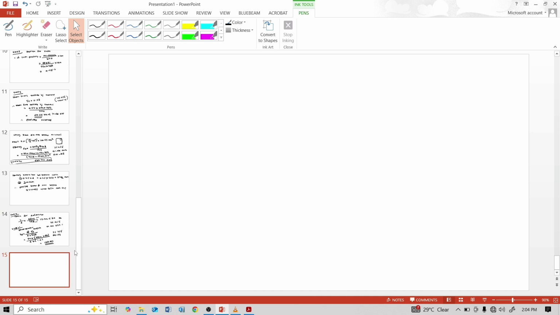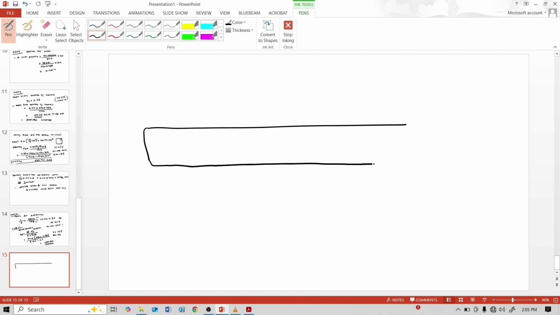So next. These are main bars. These are anchor bars.